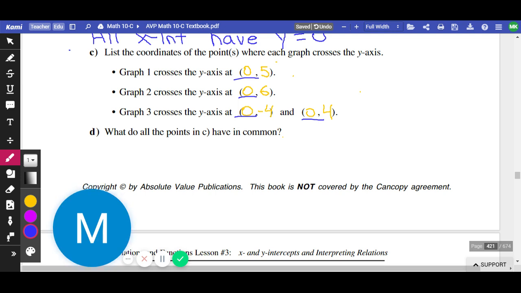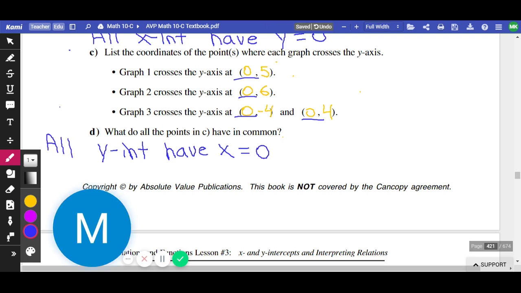So our first rule is that x-intercepts have a y value of 0. Y-intercepts have an x value of 0. I'm going to say all y-intercepts.